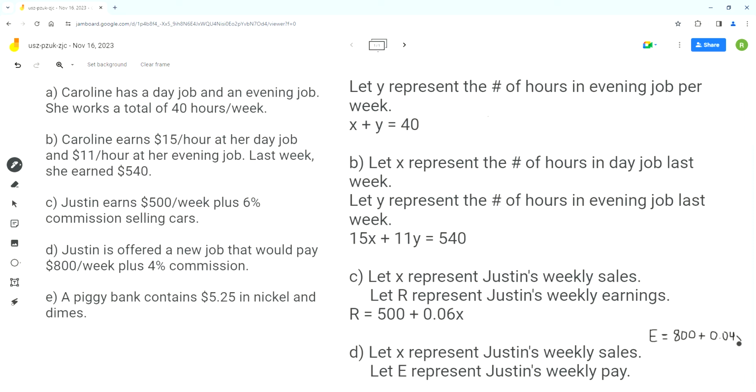So that's the equation that represents Justin's weekly earnings in that new job. So we are done with part D, and now we can do part E.